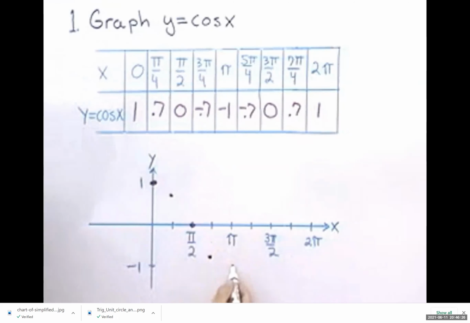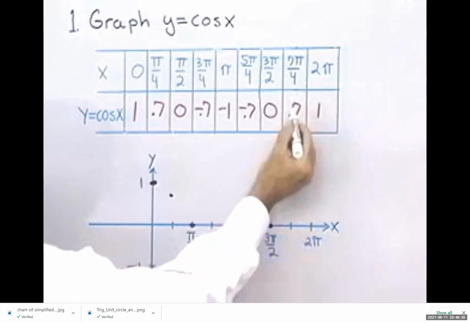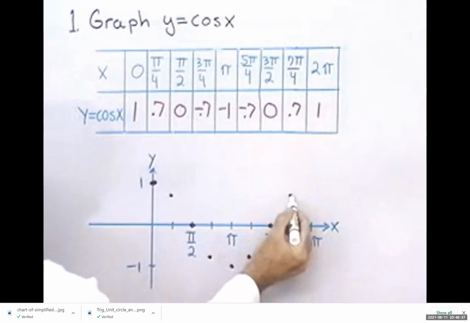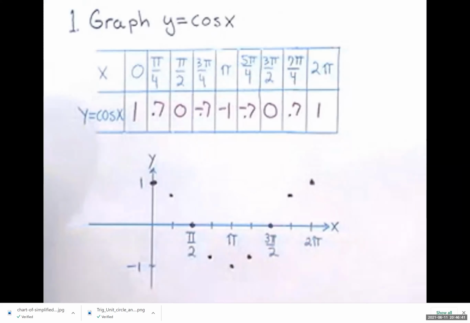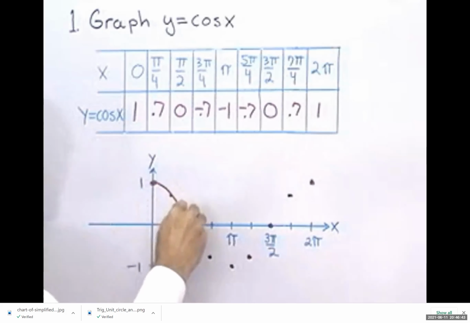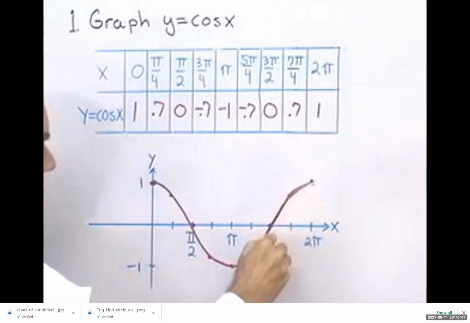At pi, I go out to negative 1. Then back to negative 0.7, up to 0. At 7 pi over 4, y is equal to 0.7 again. And then at 2 pi, y is equal to 1. So if I connect these points with a nice smooth curve, I get one complete cycle of y equals cosine x.